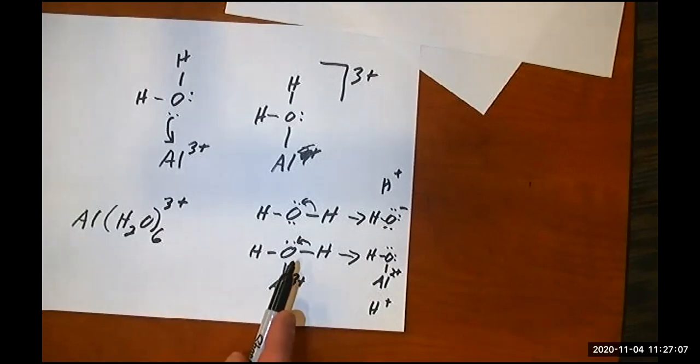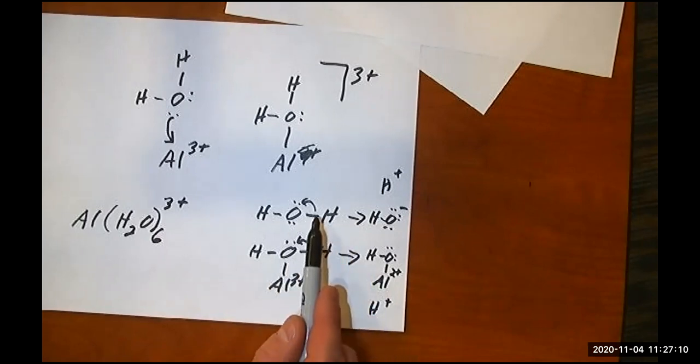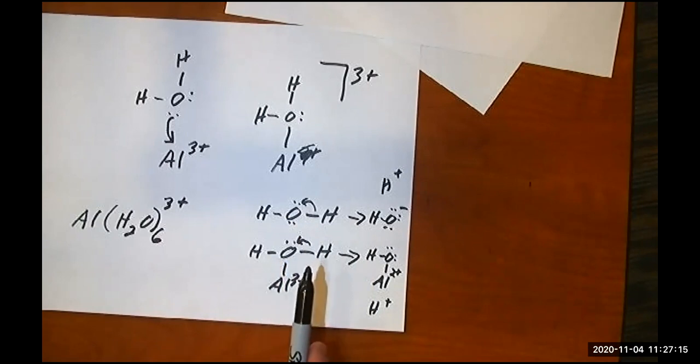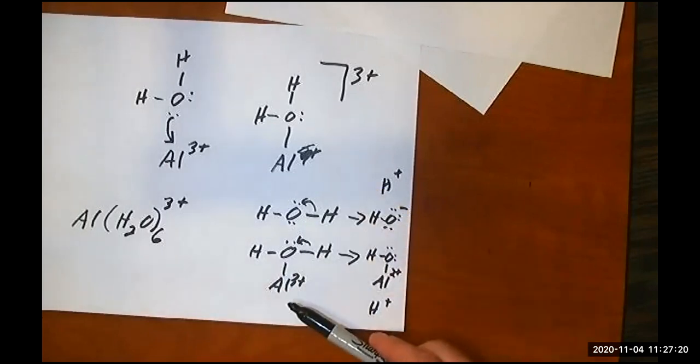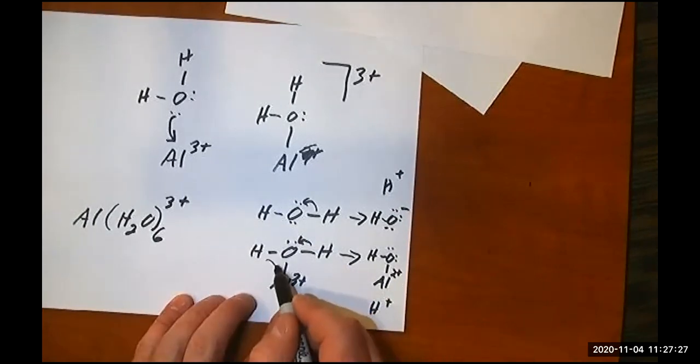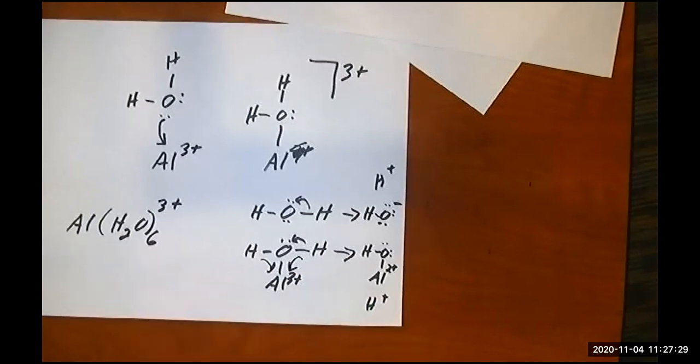So the question then becomes, in which case are the electrons already pulled towards the oxygen more when you're starting? And the fact that the aluminum that it's attached to is positively charged means that that aluminum is pulling electron density down towards it from the oxygen, right? It's not very electronegative, so we can't really describe it as the electrons getting transferred to it, but it is a positive charge.